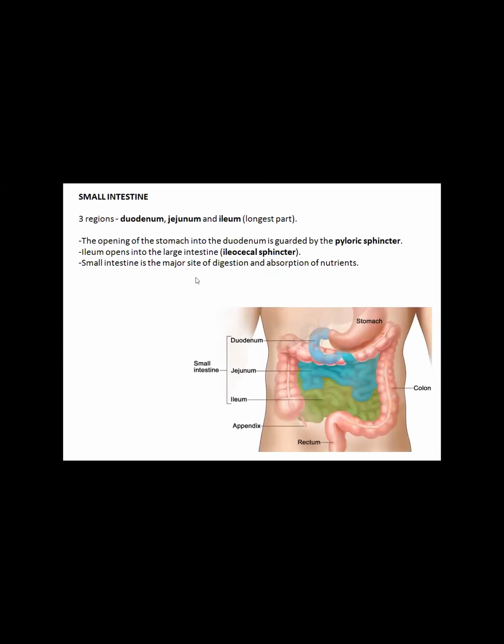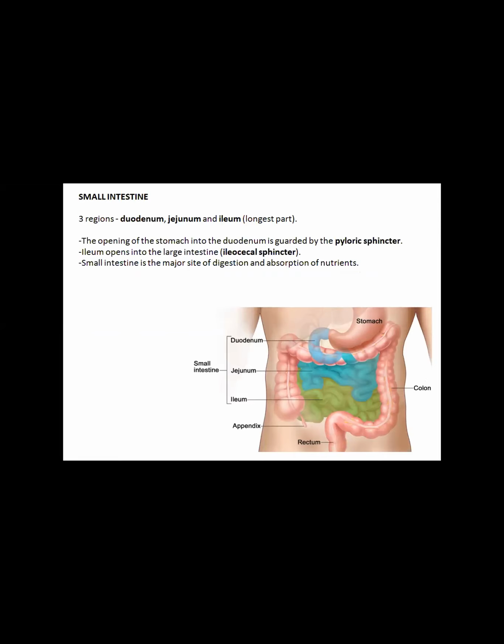Okay, now the opening of the stomach into the duodenum. हम लोगों ने वहां पे स्टमक रीजन में 2 टाइप्स ऑफ स्फिंक्टर मसल्स पढ़े थे. One was cardiac sphincter and the second one was pyloric sphincter.